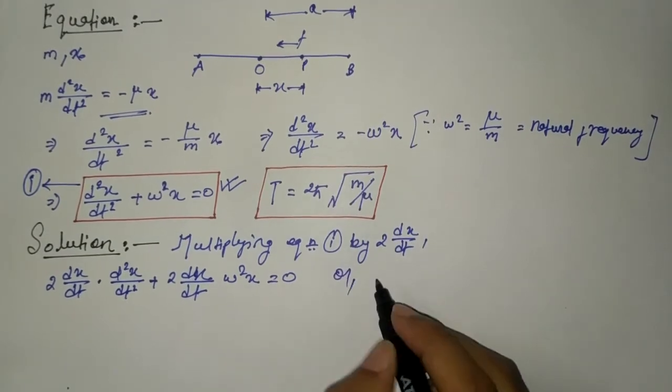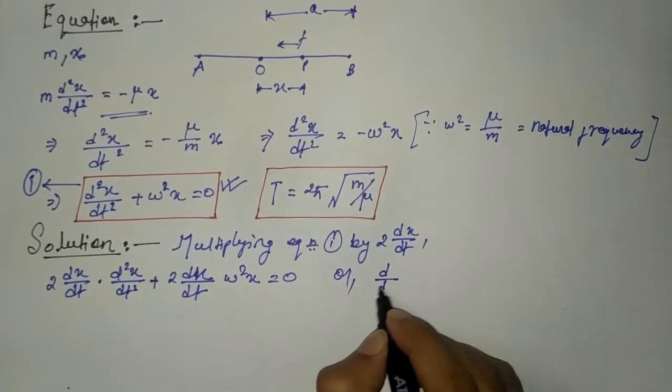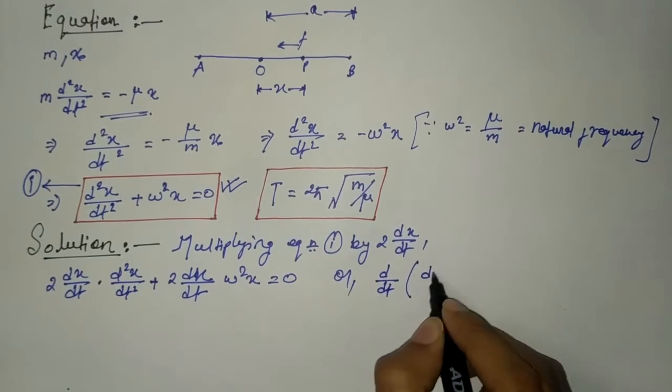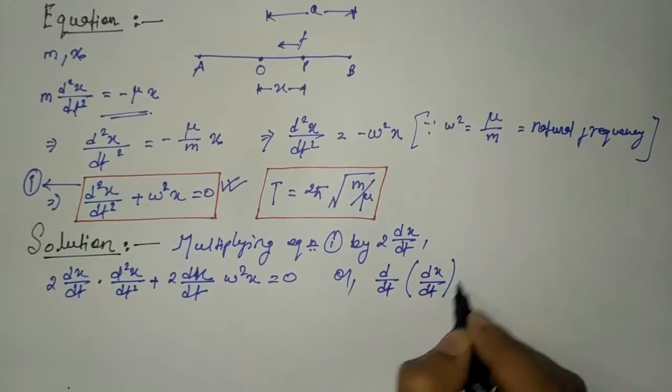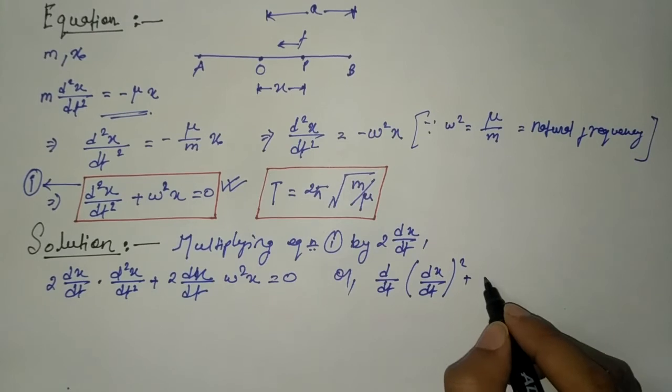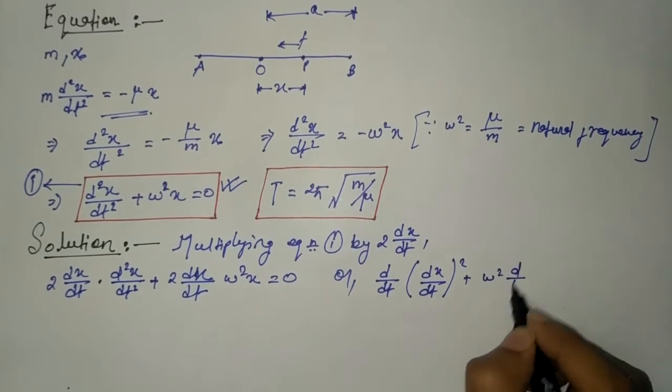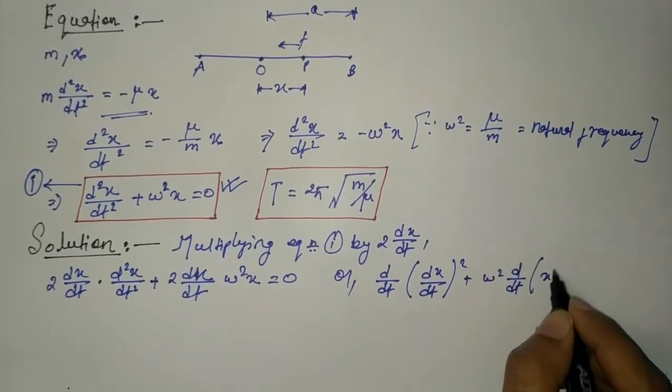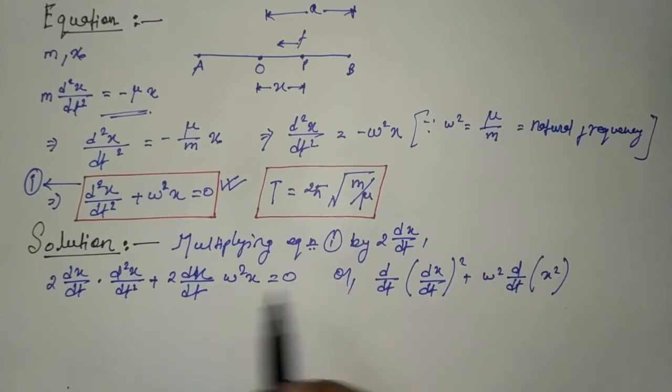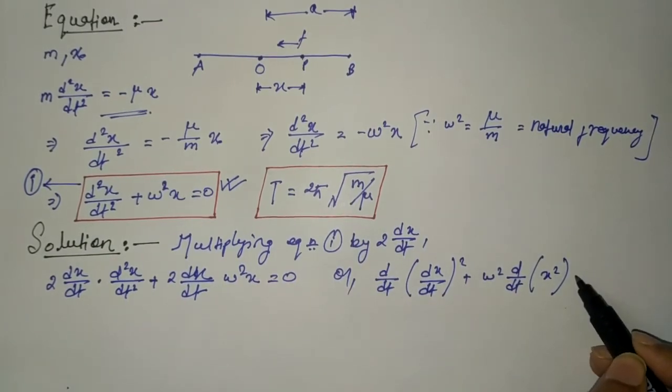Taking it common, this can be written as d/dt of (dx/dt) whole squared plus omega squared into d/dt of x squared. Since it is written like that, this will be equal to 0.